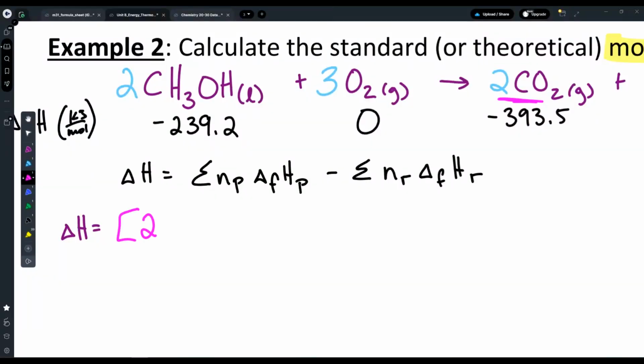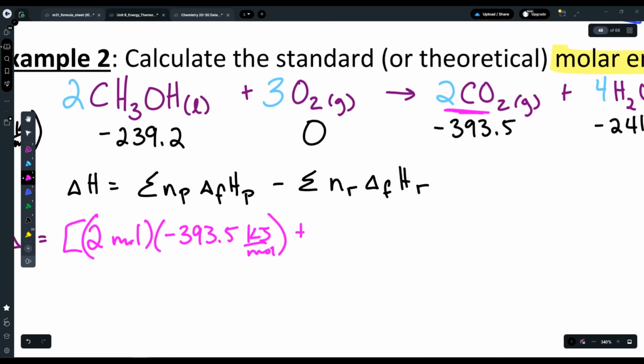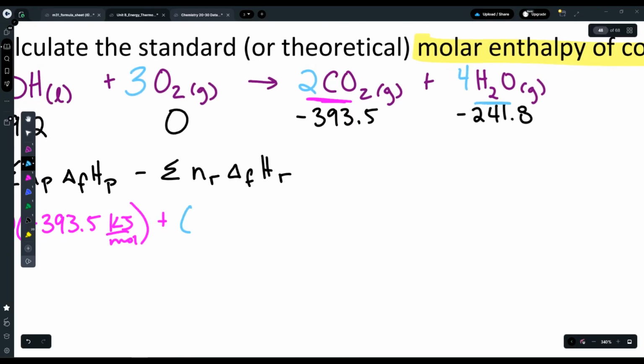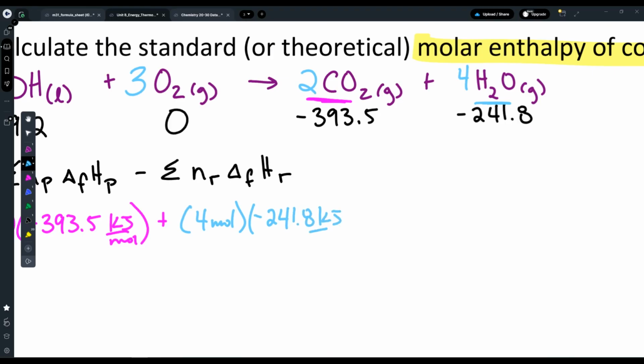So we have 2 moles of it because that's the coefficient there. And then the molar enthalpy of formation for carbon dioxide is negative 393.5, plus, water vapor, I'm going to put that in blue. So we have 4 moles times negative 241.8. So that's my products taken care of.